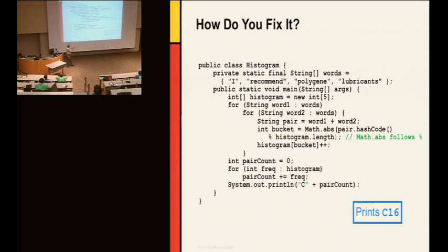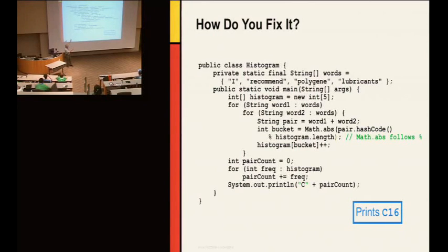Well, the most important thing that we have to do is up here. What we have to do is we don't want to be taking the absolute value of this thing that could be Integer.MIN_VALUE. So if we take the mod, the remainder, first, and then we take the absolute value, it's kind of hard to read in 2 lines, but you see I take the hash code, mod length, and then take the absolute value, we win.